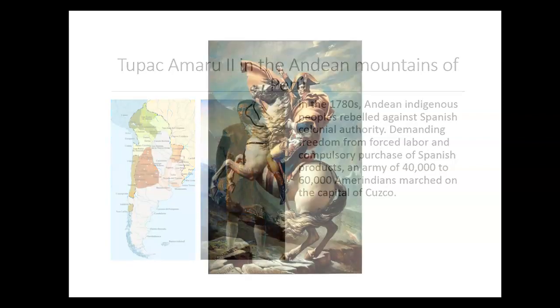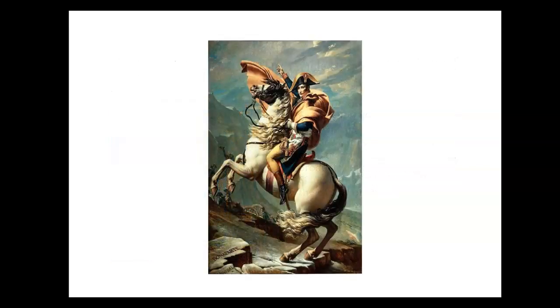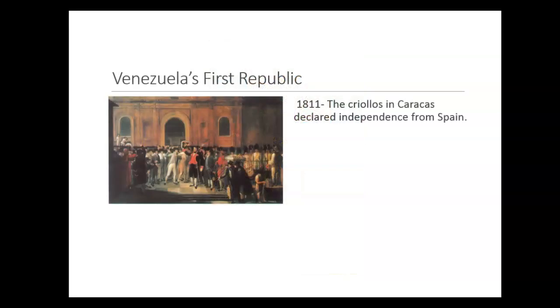However, as we saw in Mexico, the French Revolution and Napoleonic Wars soon brought new instability that resulted in the separation of the American colonies from European rule. On July 5, 1811, the Criollos in Caracas declared independence from Spain.